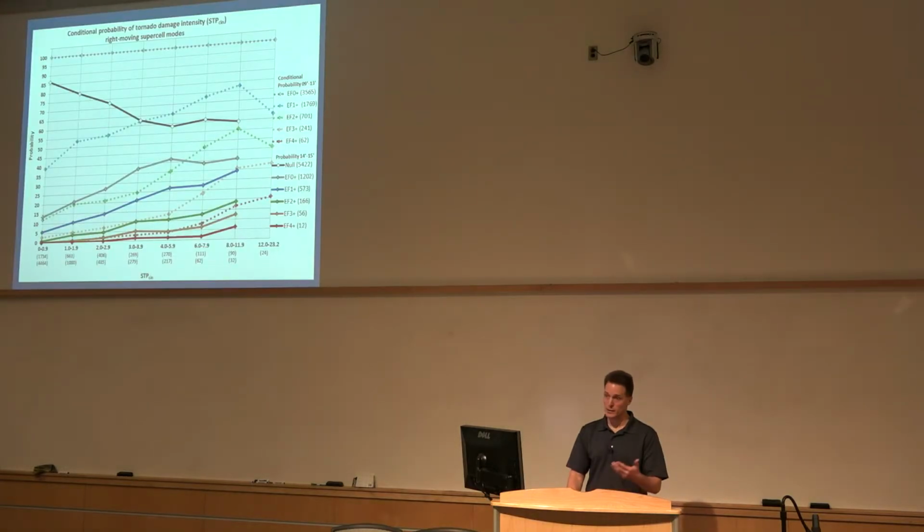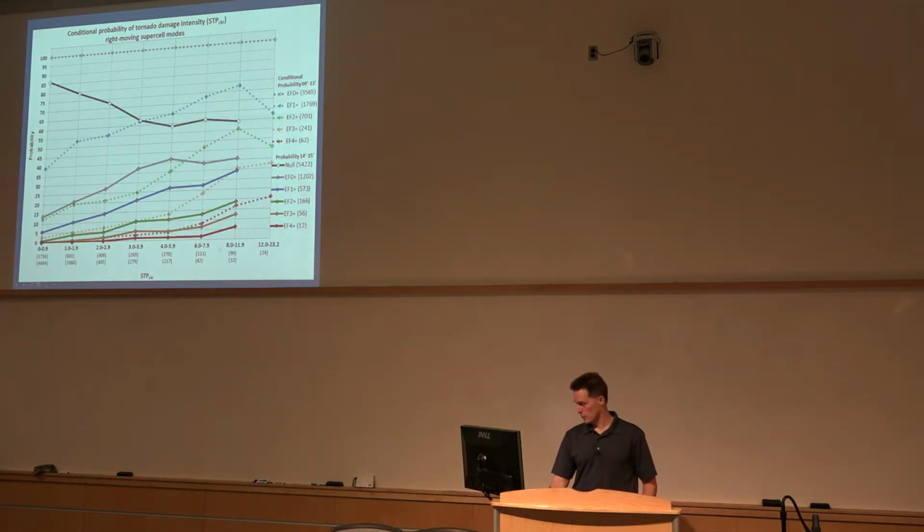Let's look at the STP. Now you notice the slope of these plots isn't nearly as steep. The other ones, similar kind of plot, were much steeper, with a sharper slope. This one's flatter, but as you go to the right, you're getting into higher STP values, and the probability of tornadoes given a supercell goes up.